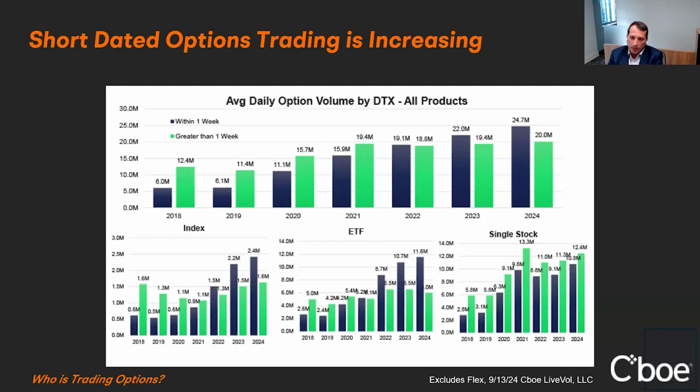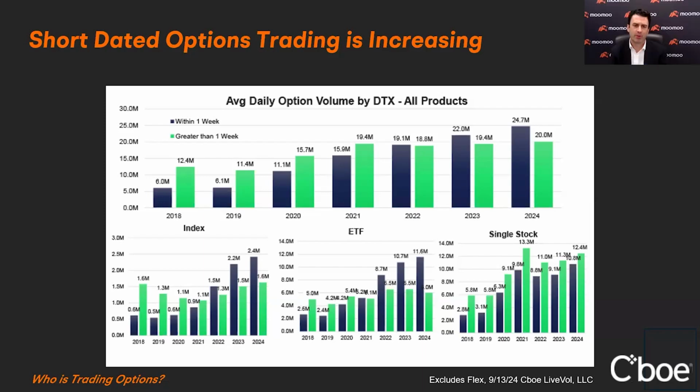There's a handful of symbols that do have daily expirations. But yeah, it did take off in 2022. And it's typically on the broad-based ETFs and indices, on things that trade very liquidly. So I think it's something we haven't seen subside. It's been a pretty consistent source of volume for the industry over the past few years.